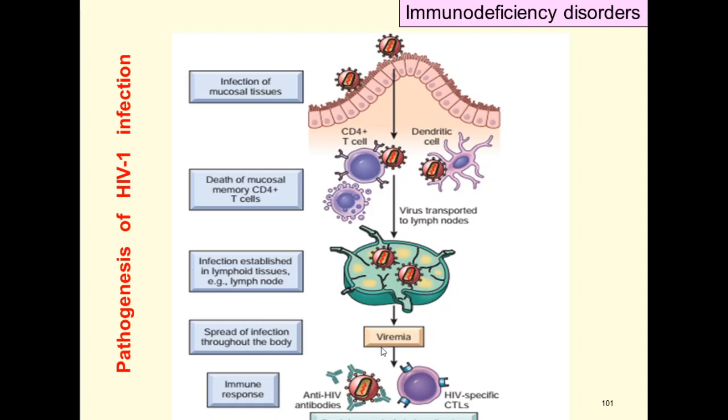Then we have viremia, so the virus appears in the blood and spreads via blood. And then we have the immune response, so anti-HIV antibodies.